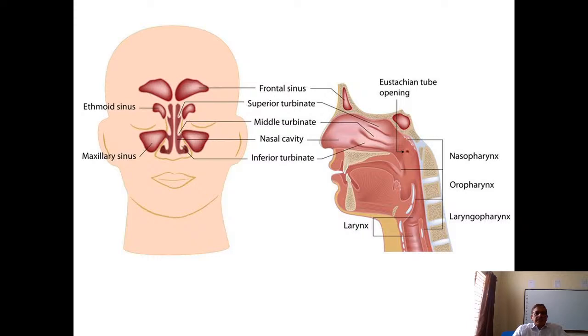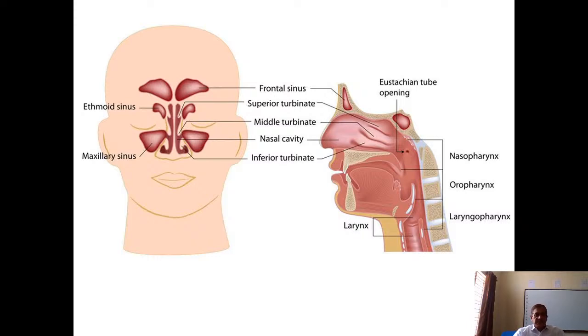Apart from that, you have the sinuses, which are called the paranasal sinuses. These are usually divided into two groups, the anterior and posterior groups. The anterior group includes the frontal sinuses, the anterior ethmoidal sinuses, and the maxillary sinuses.